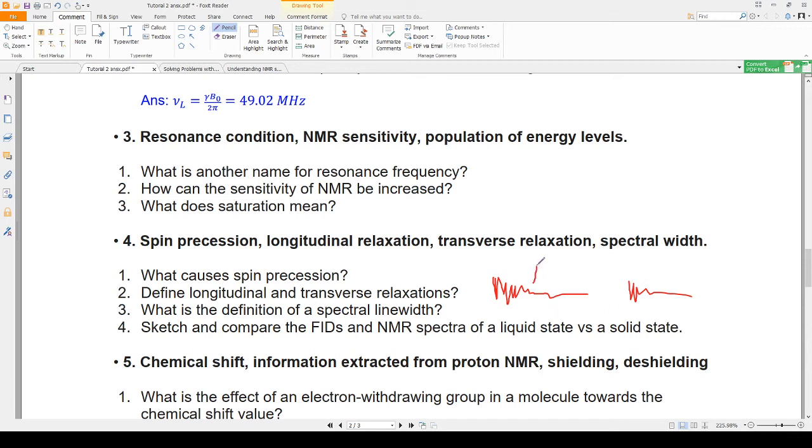The long FID will give a very sharp peak, and this will probably give a very broad peak, like that.